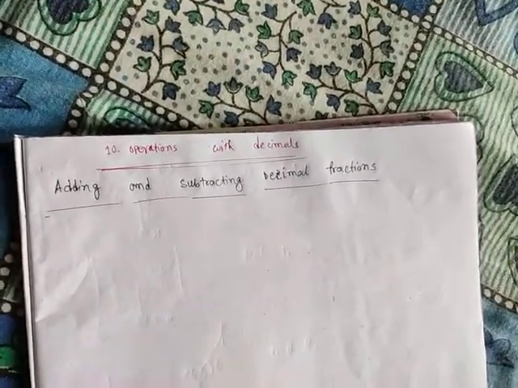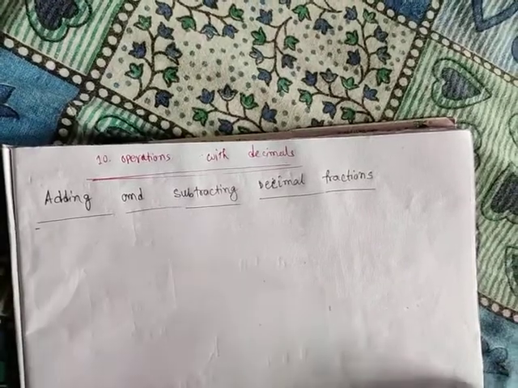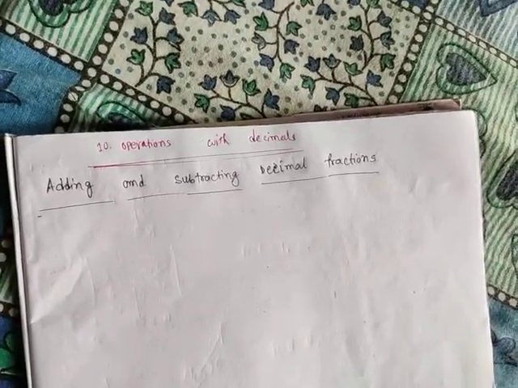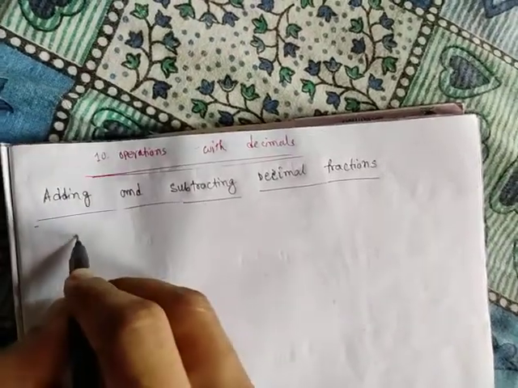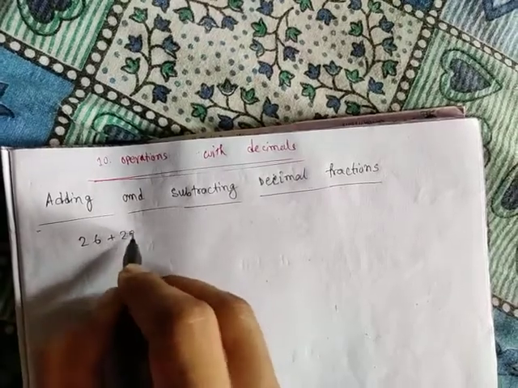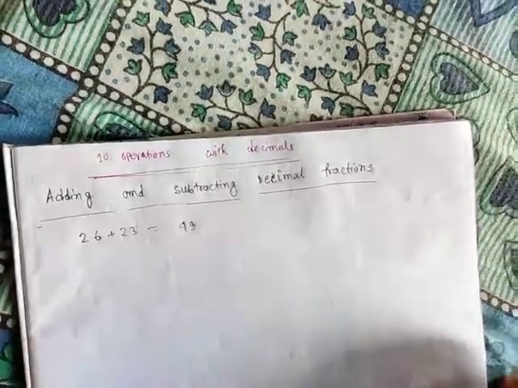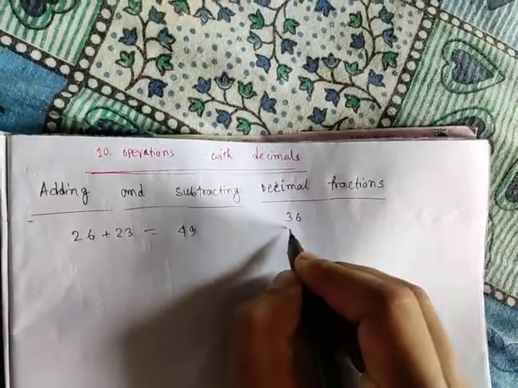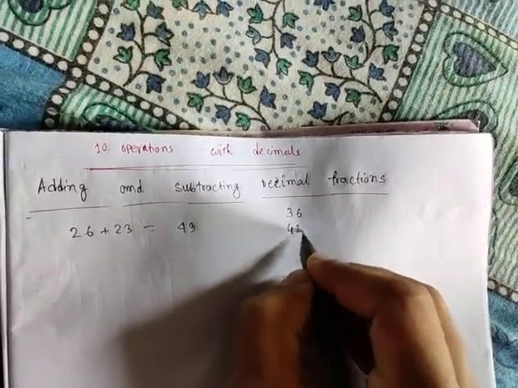Till now, we have done addition and subtraction of whole numbers or integral numbers. That means, like, 26 plus 23 is equal to 49. Another example, suppose 36 plus 42.